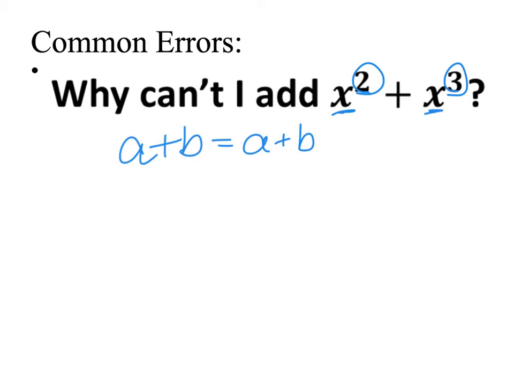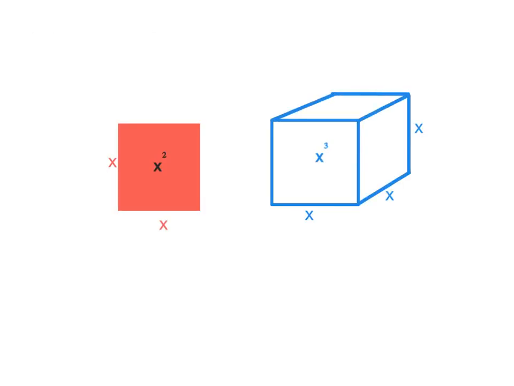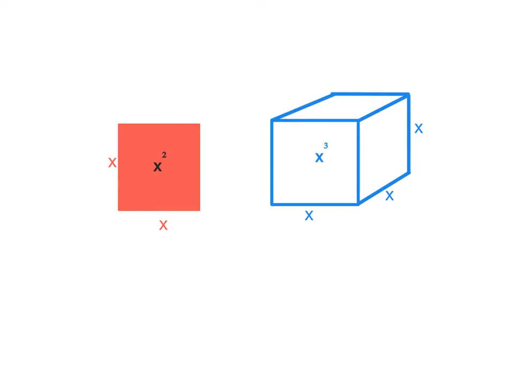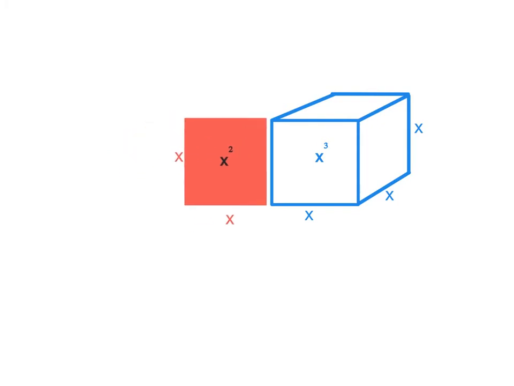So another way to look at this is on the next slide. If you have x squared, this is geometrically what x squared looks like, x by x. And x cubed looks like x by x by x. That's x to the third power. And so if you are going to add them together, then that would be just putting them together.